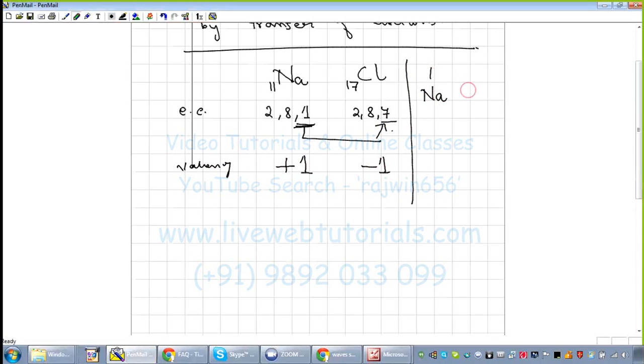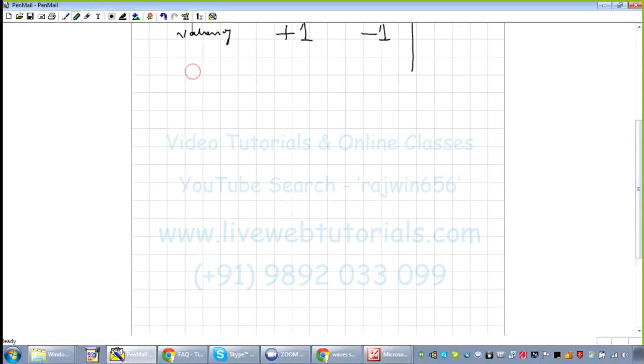Sodium valency 1. You exchange these valencies, and this will give you the formula of sodium chloride as NaCl. So again, we'll start drawing the diagram for this.